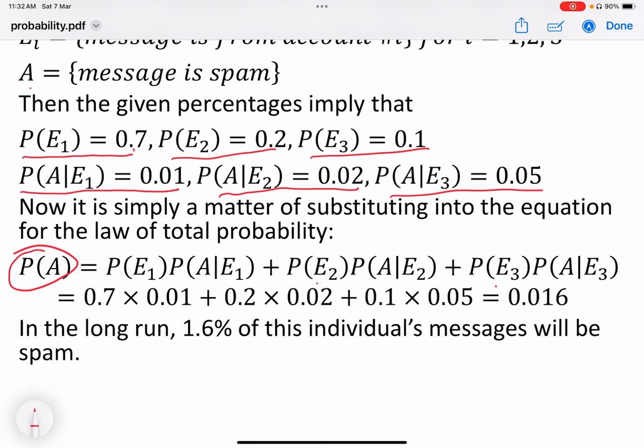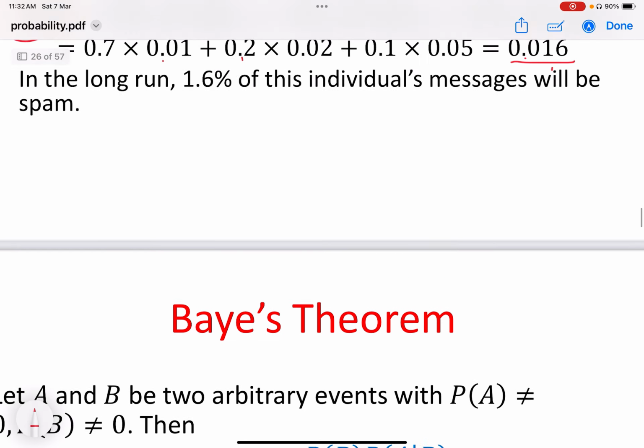This is 0.7 multiplied by 0.01 plus 0.2 multiplied by 0.02 plus 0.1 multiplied by 0.05, and find out the value. So this is 0.016. That means around 1.6% of mails are spam. Thank you.